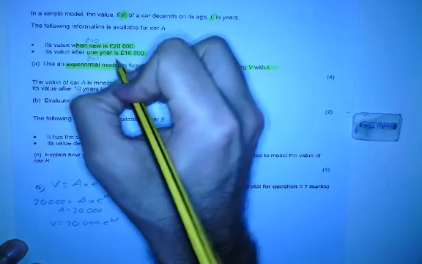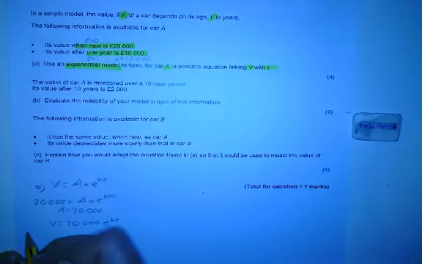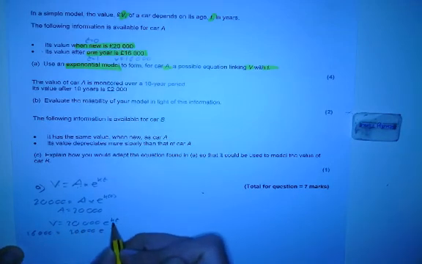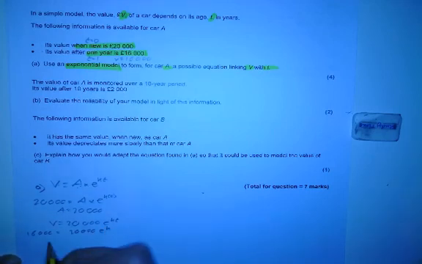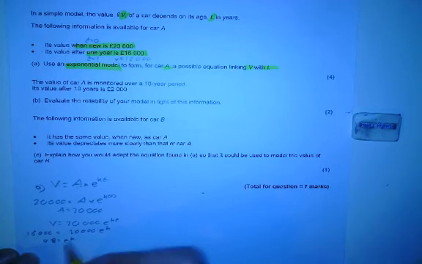Now I can use the second one, because when t is 1, v is 16,000. So plug them in: 16,000 equals 20,000 e to the k times 1, which is just k. I'll divide those: 16,000 divided by 20,000 is 0.8, equals e to the k. Now, as in previous questions, we take logs of both sides and bring the k down in front.